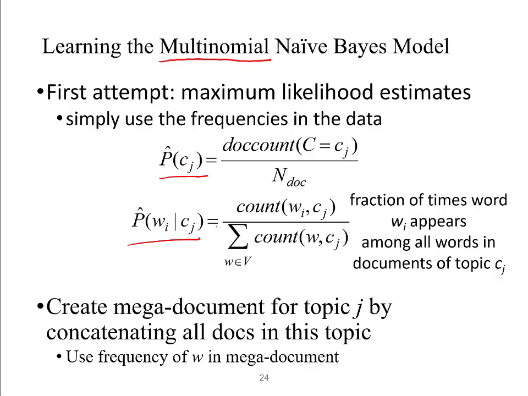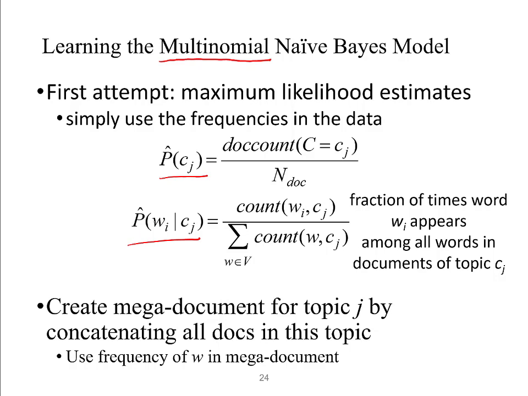All right. So in order to estimate the probabilities here, we simply use the frequencies in the data. For the probability of CJ, because it is a prior probability, it would be the number of documents that have CJ as their label divided by the total number of documents. So it's a fraction of how many documents have the class label CJ.